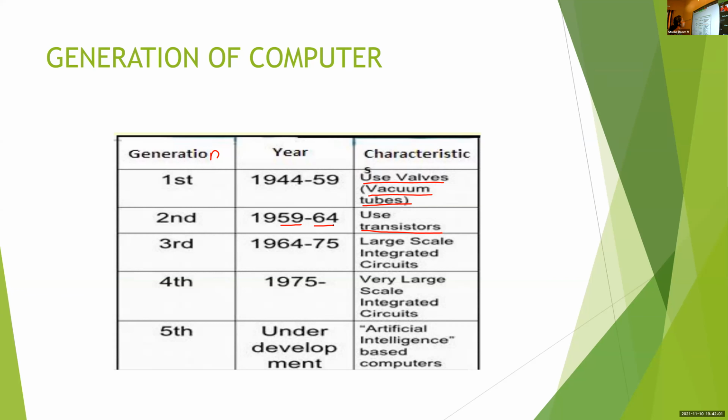Third generation computer uses large scale integrated circuits, that is LSIC. And fourth generation uses very large scale integrated circuits. All these terms are related with physics, that is based on IC, integrated circuit.